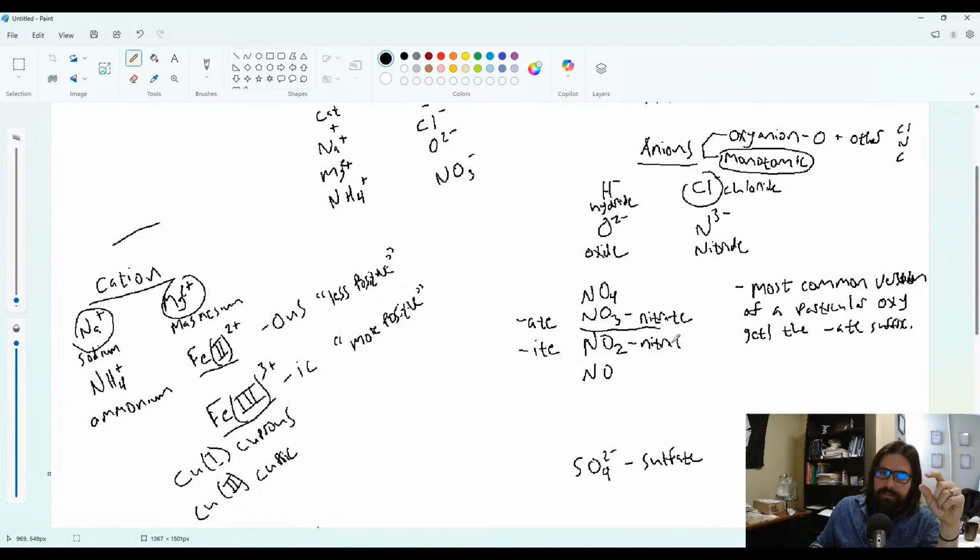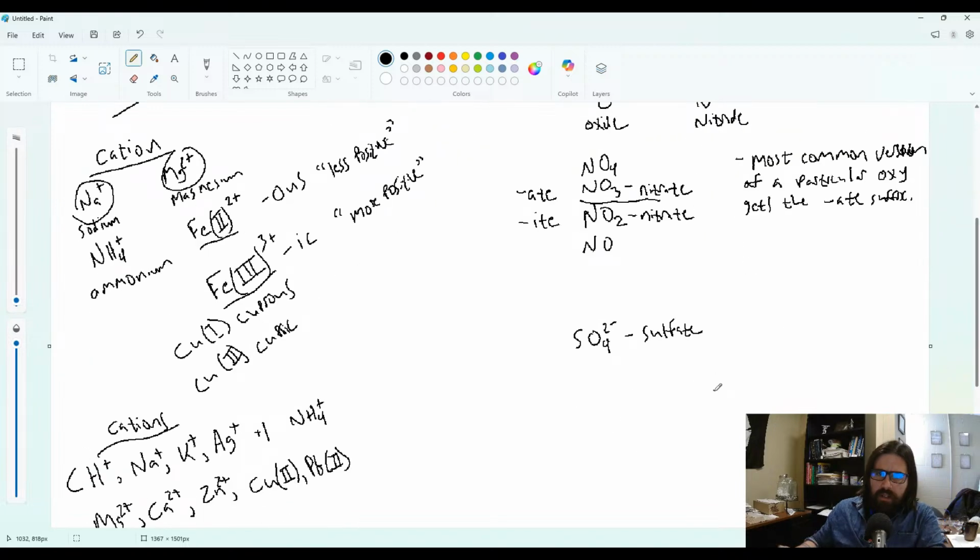Down here with sulfate, if I wanted to turn it into sulfite, I would take away one oxygen, and that would give me sulfite.